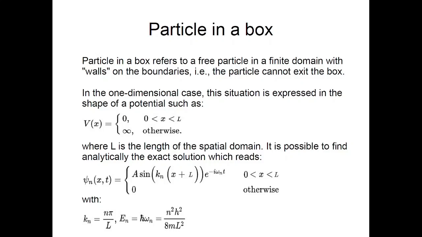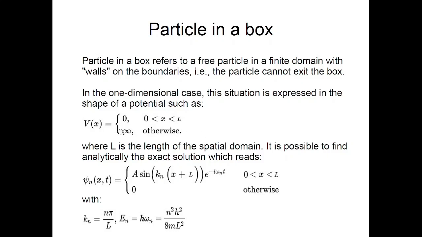This is represented mathematically by saying that we have a one-dimensional potential applied on the system, where this potential depends on only one component of the position, in this particular case x, and is equal to 0 when we are inside the spatial domain, and equal to infinity when we are outside of the domain.